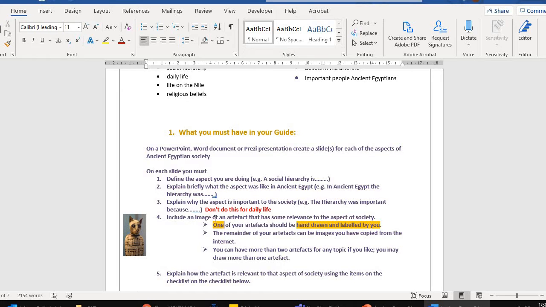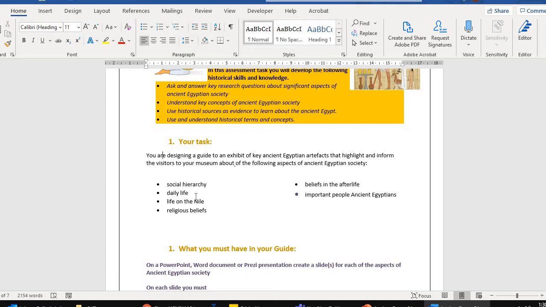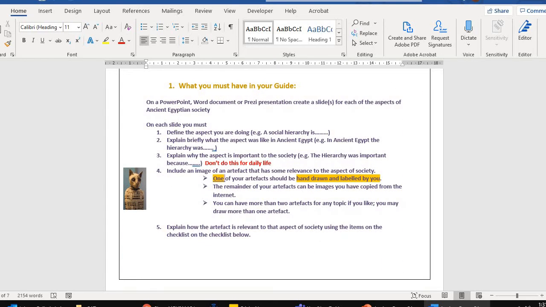And then you include an image of an artifact that has something to do with the aspect of society. So let's say, for example, for social hierarchy, you might pick a statue of a scribe, and you would include that on your slide. So you need to include an image of an artifact that has some relevance to the aspect of society.